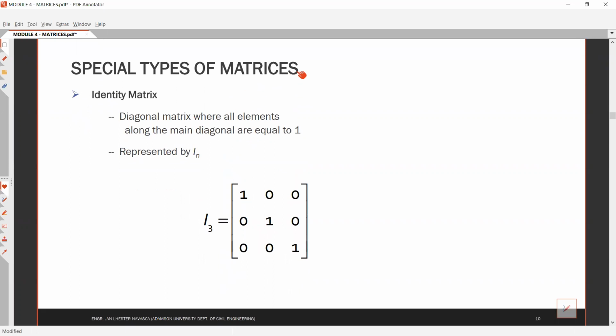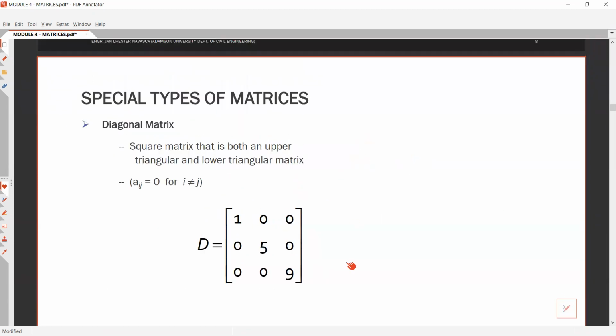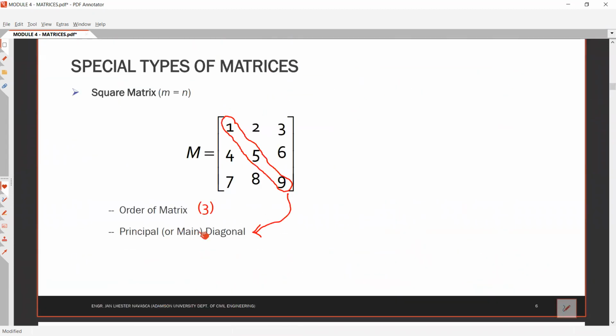So for the identity matrix, a diagonal matrix where all elements along the main diagonal are equal to 1. Okay? So this one, all the main diagonal are equals to 1. So tinatawag natin siya na identity matrix. Okay? So for the identity matrix, we denoted this one as I sub n, where yung n natin is yung ang tawag kanina, yung row number of order of matrix.